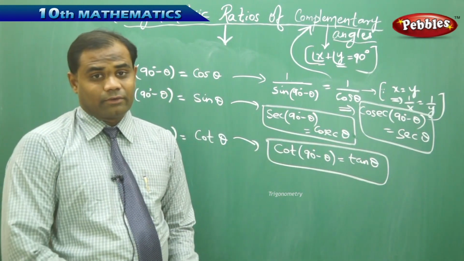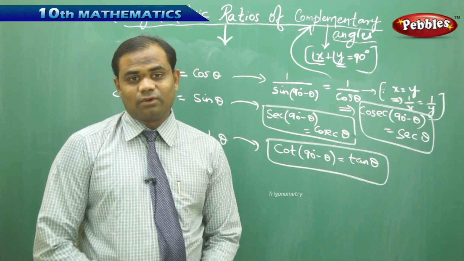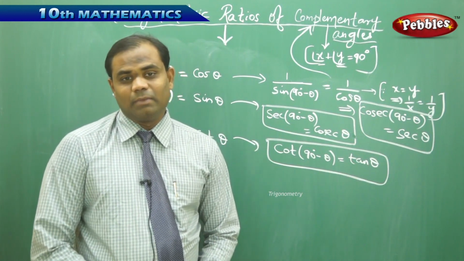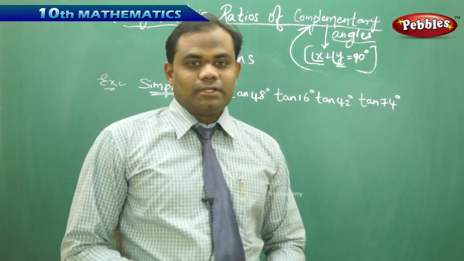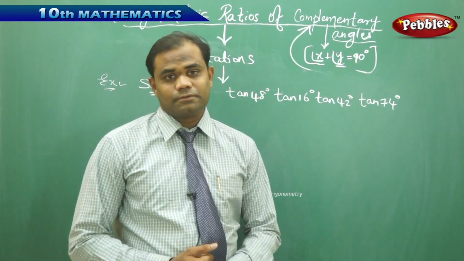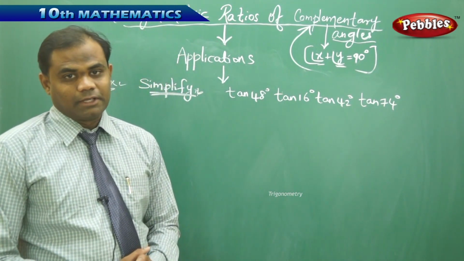So the trigonometric ratios of complementary angles are connected with six basic formulae, sine, cos, tan, cosecant, secant and cot, differing by 90 degrees. So let's see the applications of trigonometric ratios of complementary angles which we have derived in the recent session, connected with real life applications.